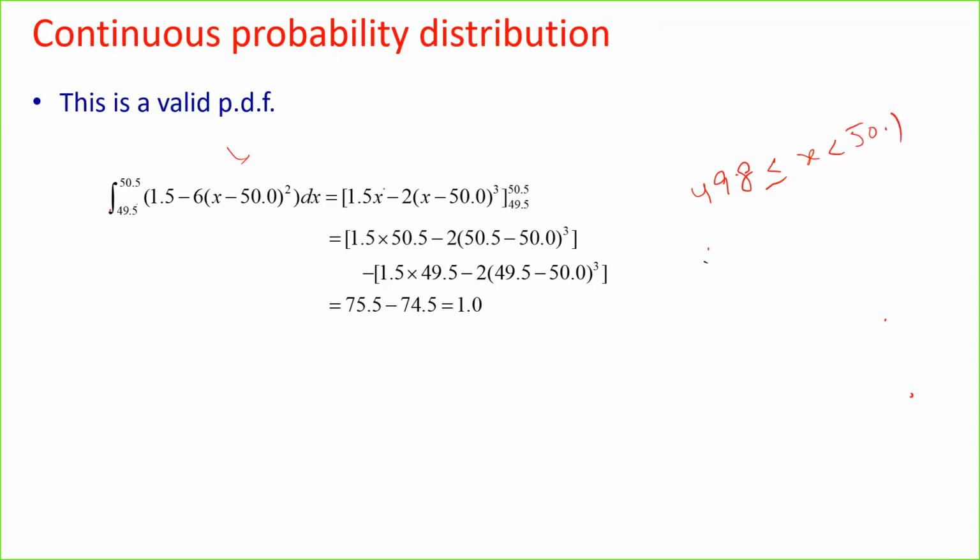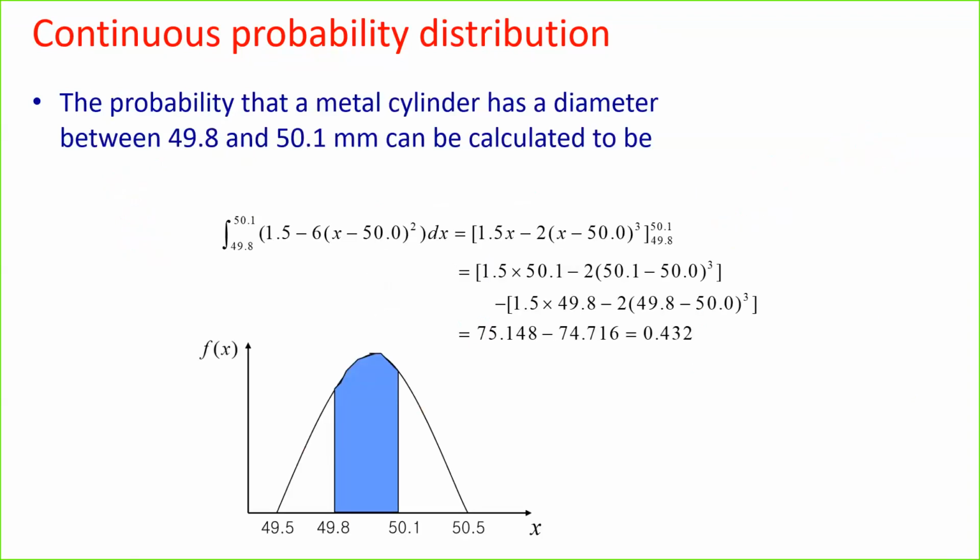It means instead of 49.5, we take 49.8, and instead of 50.5, we take 50.1. So substitute and you will get some value. That is the area under the curve between 49.8 and 50.1, highlighted with a blue color in this figure. So 49.8 to 50.1 gives 0.432.